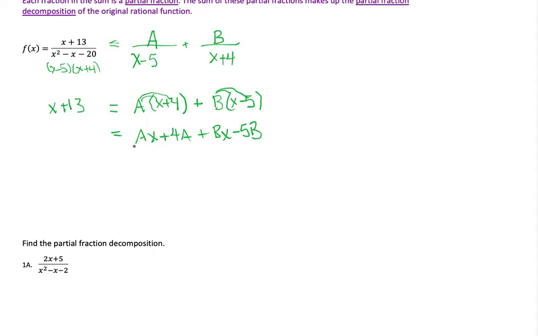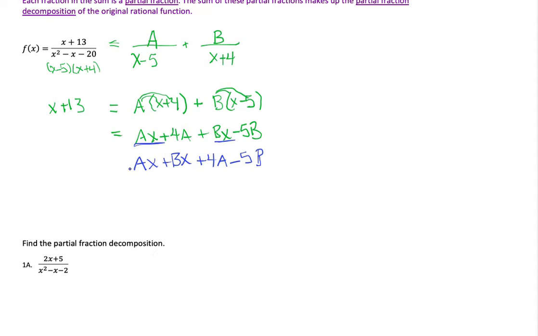I have an Ax and a Bx, so those I'm going to pull out front: Ax plus Bx. I'm just rearranging right now. Then I have a 4A, and nothing really goes with that, and I have a negative 5B, and nothing really goes with that.